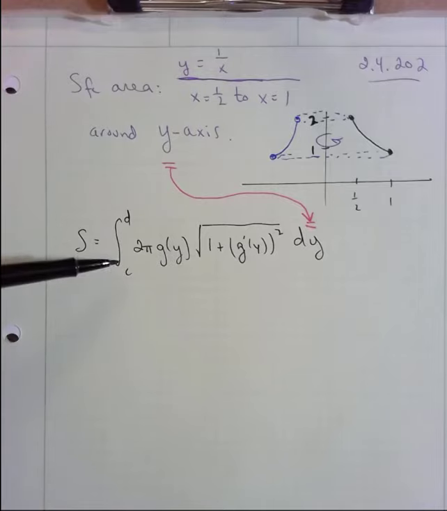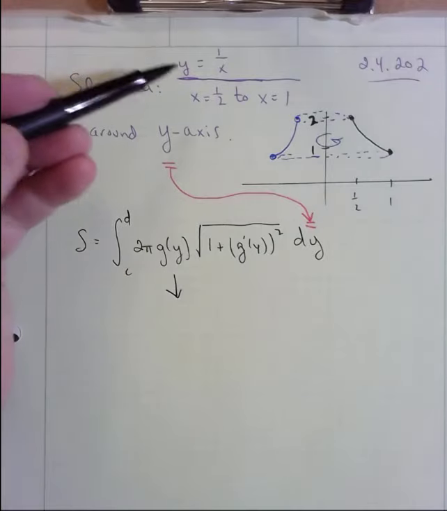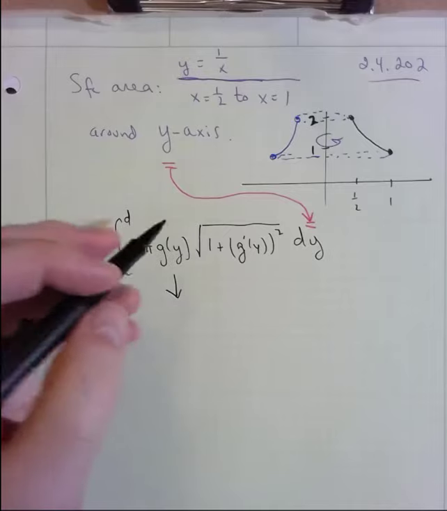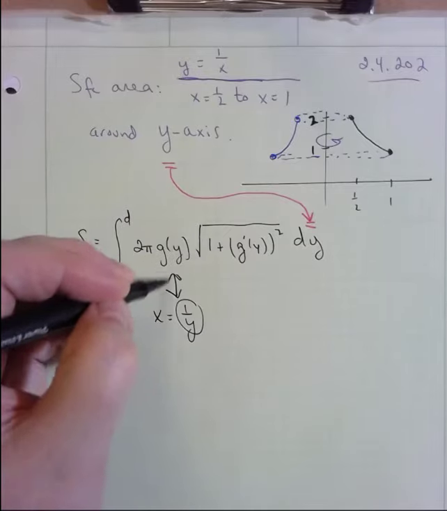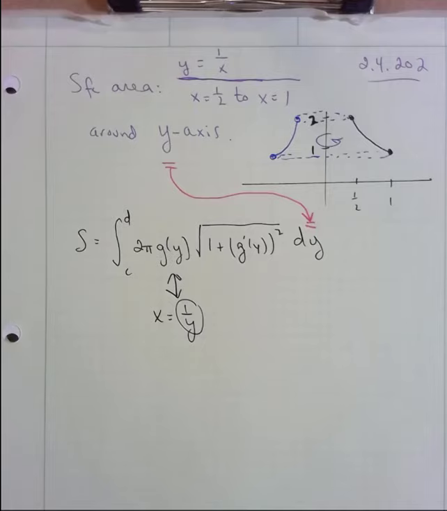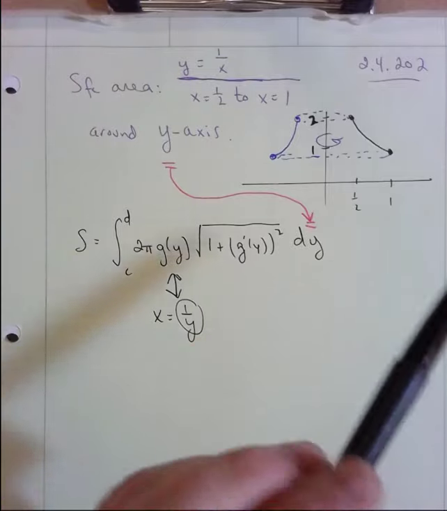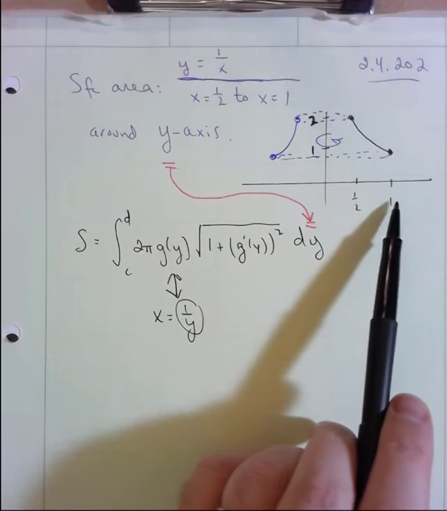Now some of this stuff is easy. For example, if y is 1 over x, then x equals 1 over y, and this is g of y. The given endpoints for the arc of the function that generated this surface went from x equals 1/2 to x equals 1.